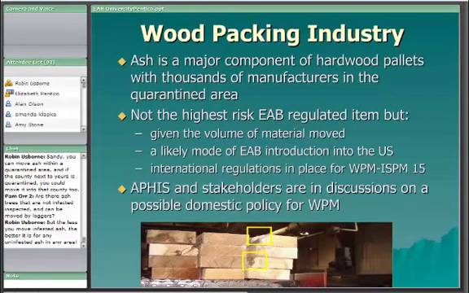However, given the volume of the material that moved, and the fact that we believe that is how emerald ash borer came into the United States, and that all of the international community has agreed that regulations need to be put in place to treat this wood packing material for safe movement, we do feel it is something of concern.